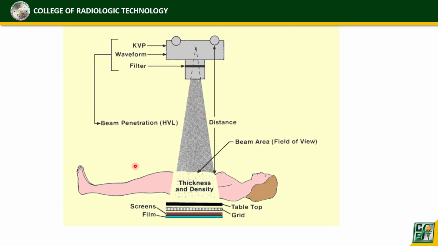Okay. So in the image, you will see yung proper na pagkakasunod-sunod nila. So the filter is between the X-ray tube and the patient. Okay? Tabletop. After the table, the grid. And okay, the cassette.